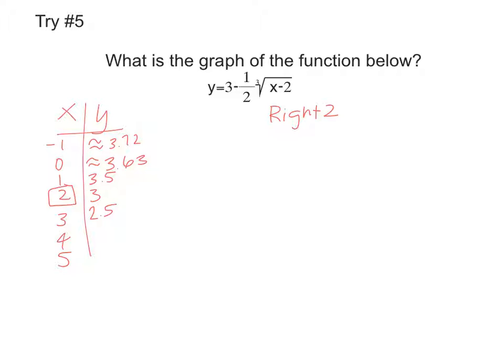So again, 3 minus 0.5 times the cube root of 4 minus 2, which is 2, you'll get about 2.37, and we have one more. 3 minus 0.5 times the cube root of 5 minus 2, which is 3. And that one's going to give you about 2.28. So then you just go on the graph.